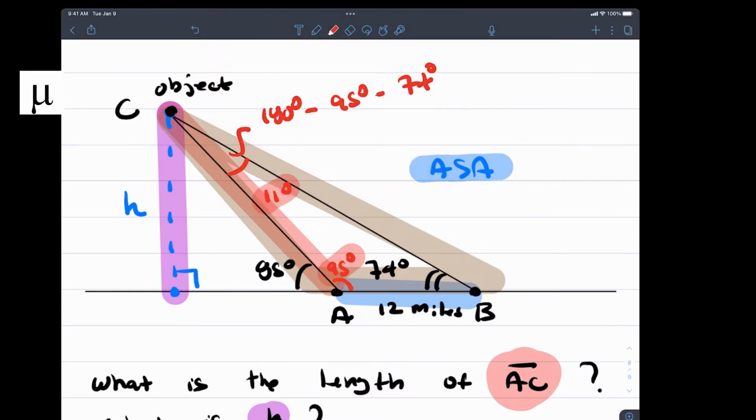Because remember, this is the approach we use when we start to investigate what's called law of sines, ladies and gentlemen. This is a law of sines situation.